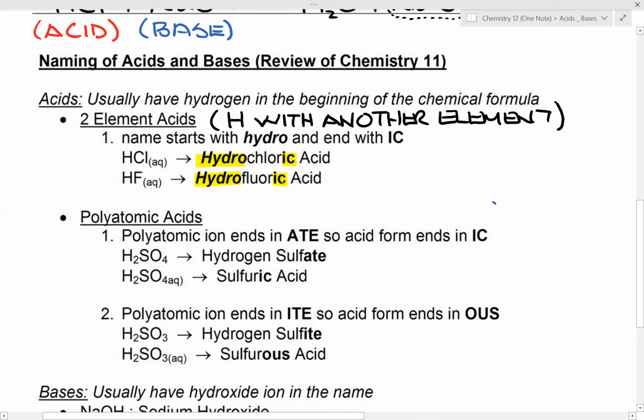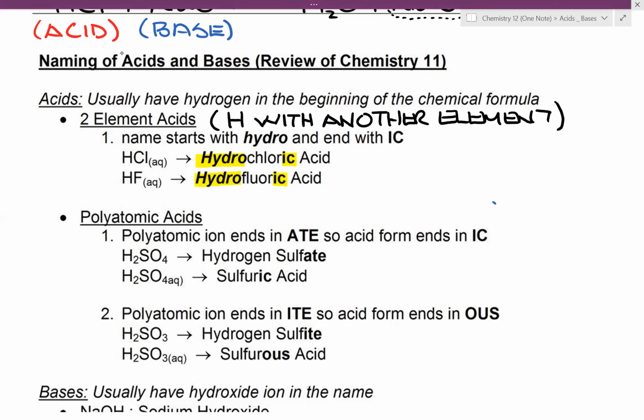So HCl would be considered a two-element acid because you have hydrogen with another element, in this case chlorine, and likewise hydrogen with fluorine. To indicate that it's a two-element acid, you have hydro at the beginning and ic at the ending.